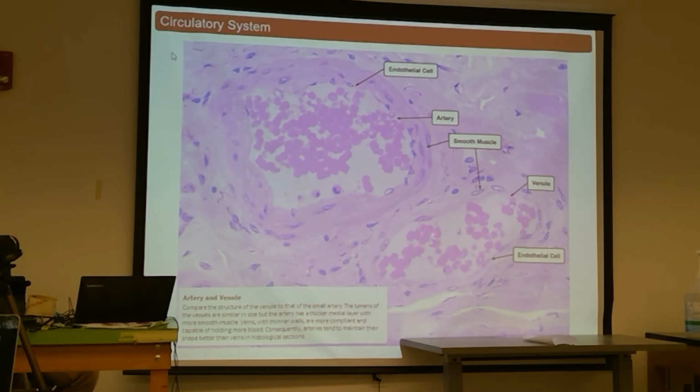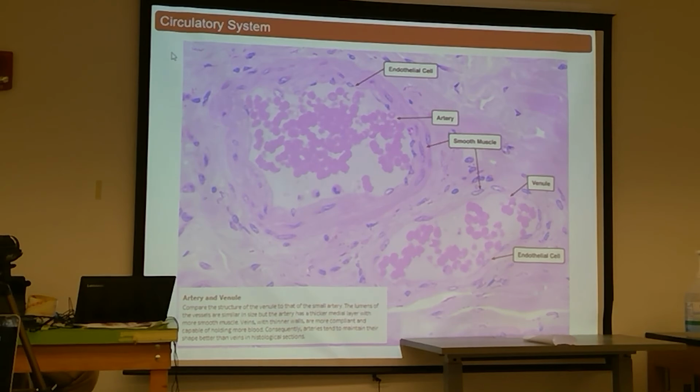This lumen is a lot more round, with a thicker smooth muscle layer, as compared to here, where the lumen's very large and it has a small smooth muscle layer, or tunica media. You're looking at a venule, most likely. That one is not arterial. That's an artery? Yeah, this is an artery.